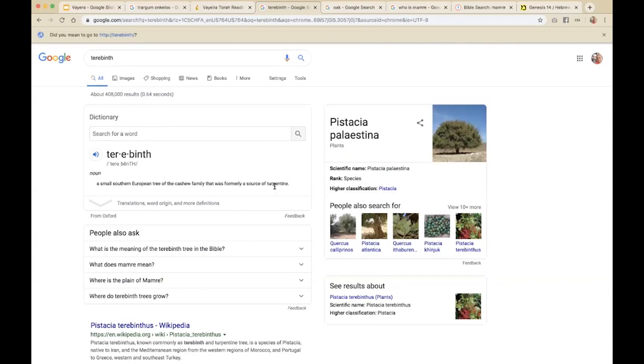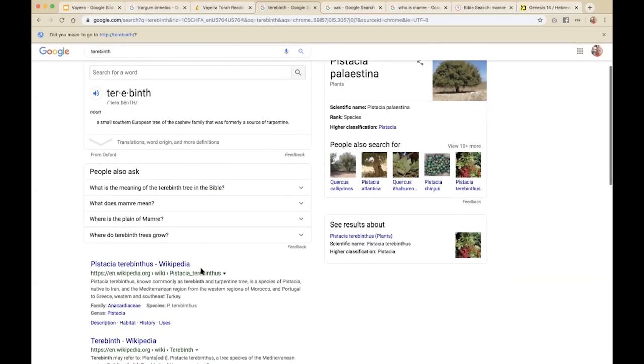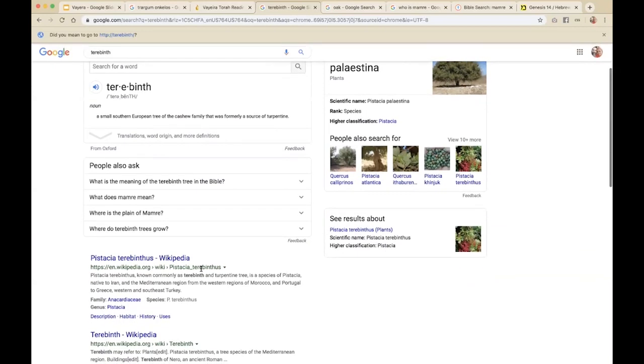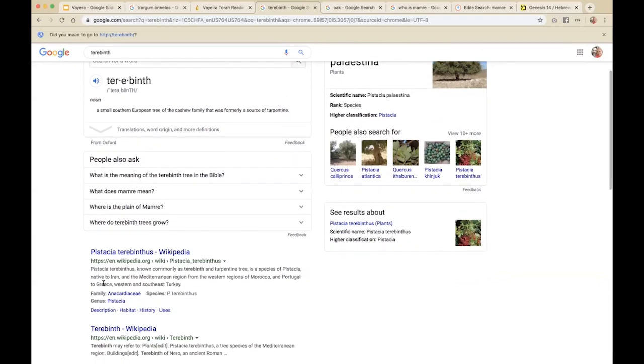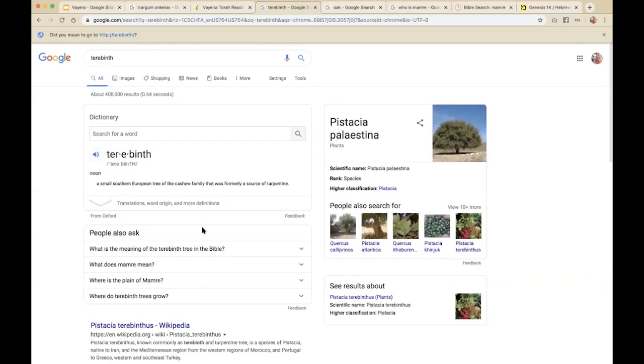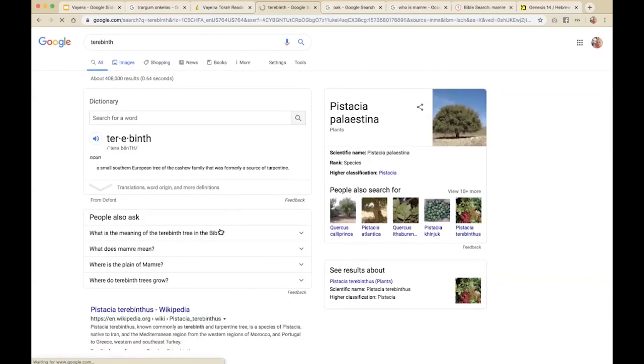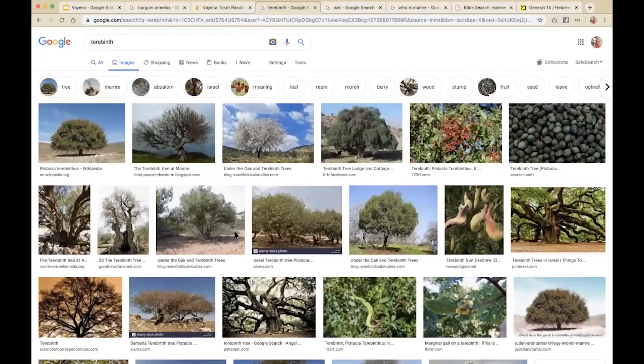Sorry, this says European, but others say it originated in the Middle East. Wikipedia says it's native to Iran and the Mediterranean region.